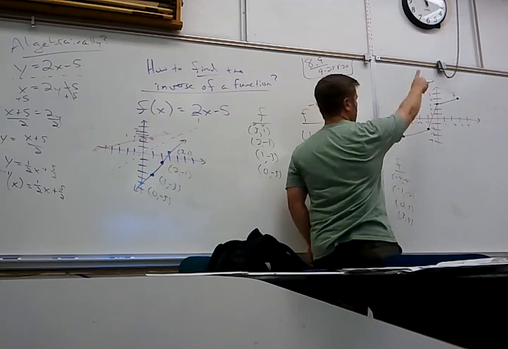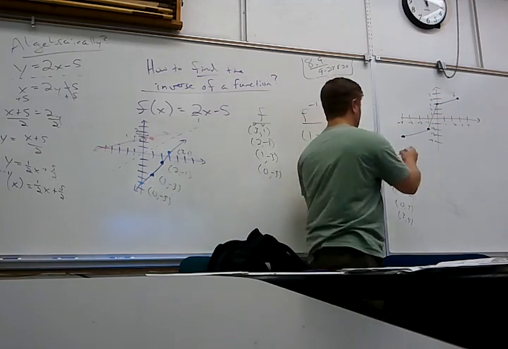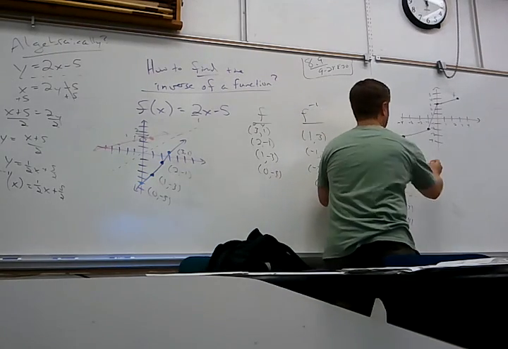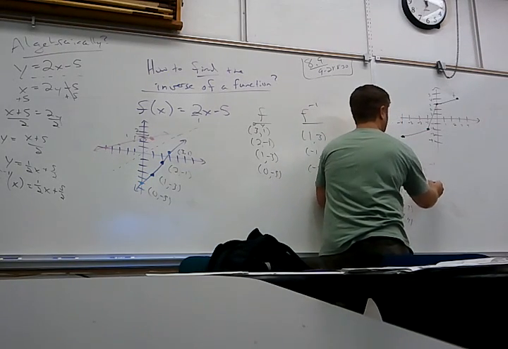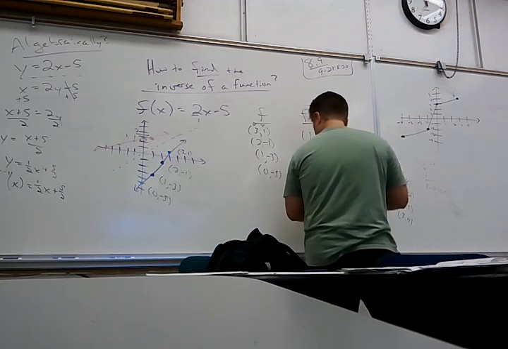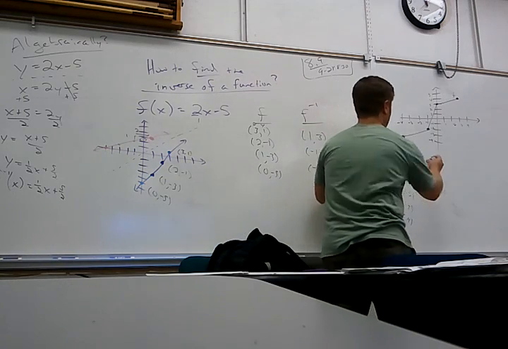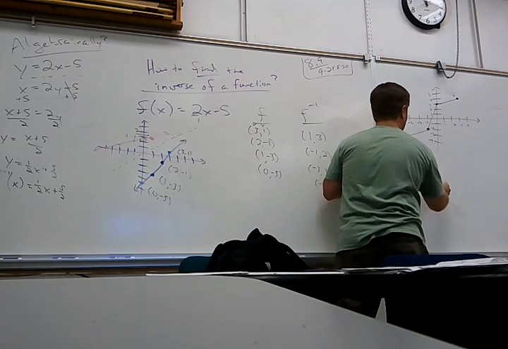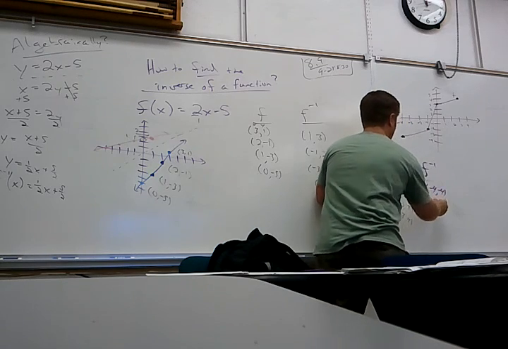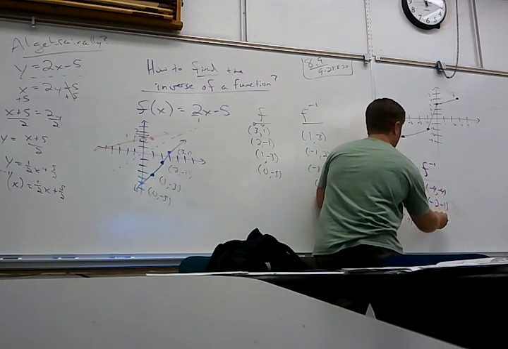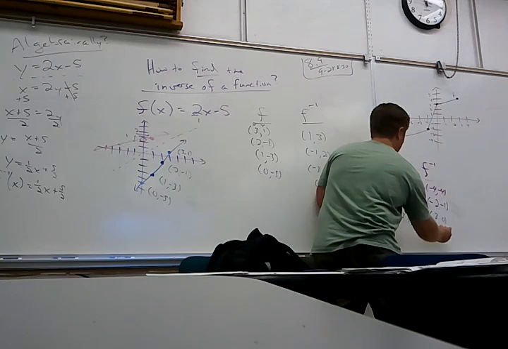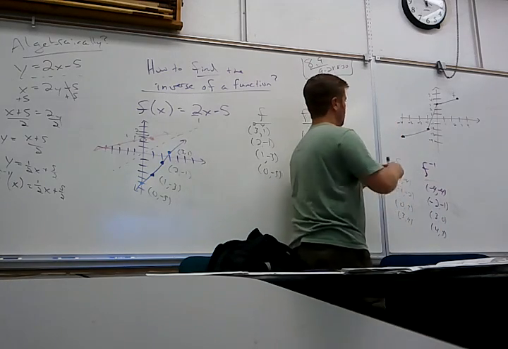And 3, 4, right? So what's the inverse function going to go through? -4, -4. And -2, -1. 3, 0. 4, 3.